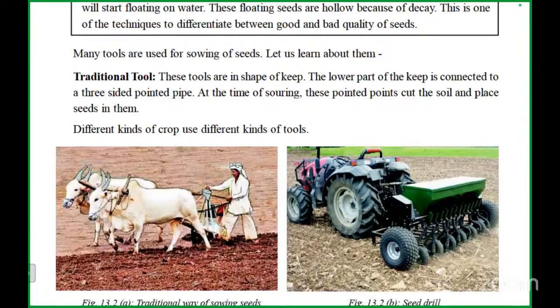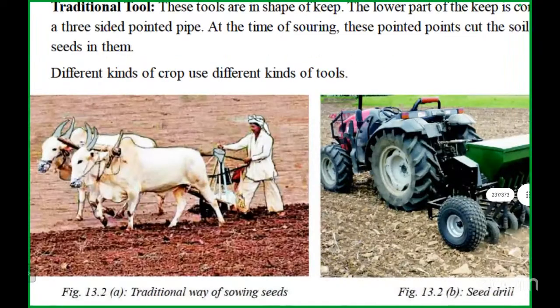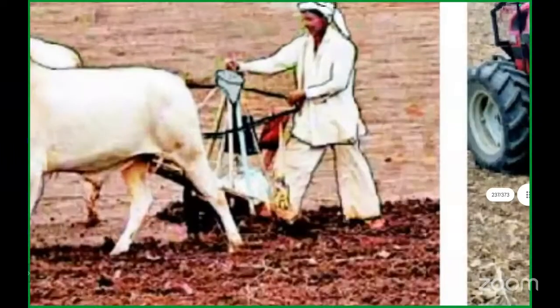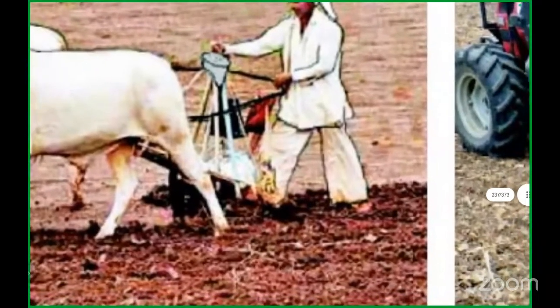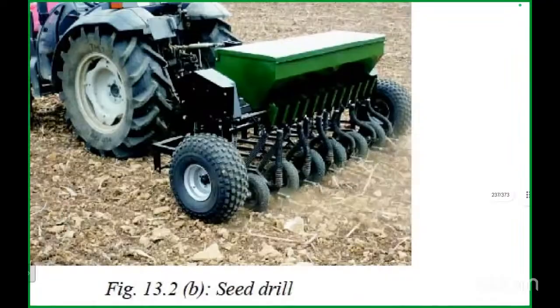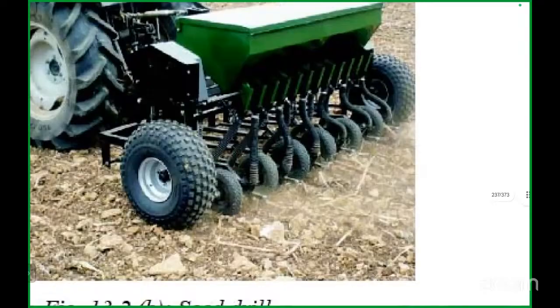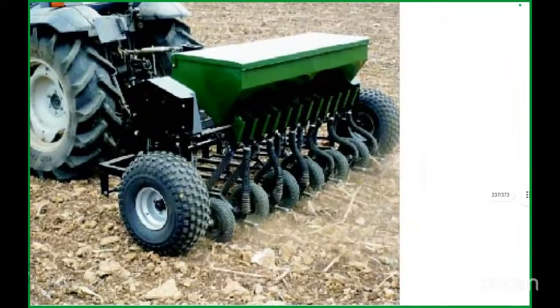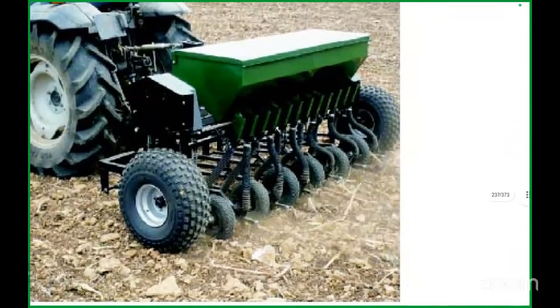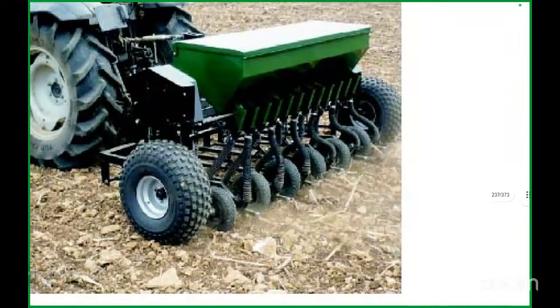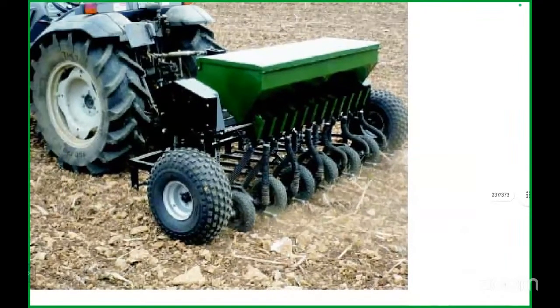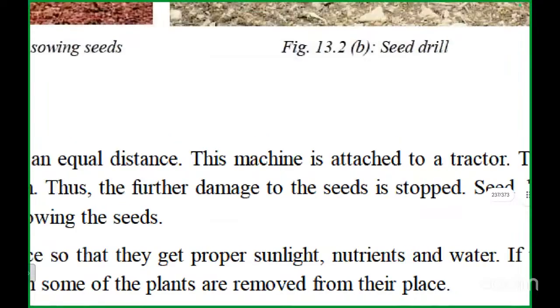If you can see this machine, this traditional one places the seeds inside the ground. This is a tractor, with a machine attached to it. The green thing has the seeds, and then the pipes are attached to it, which puts the seeds in the ground.